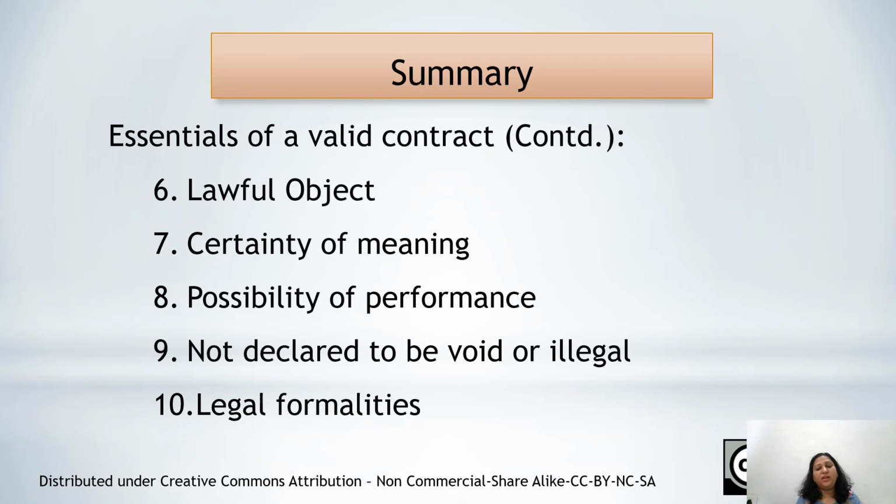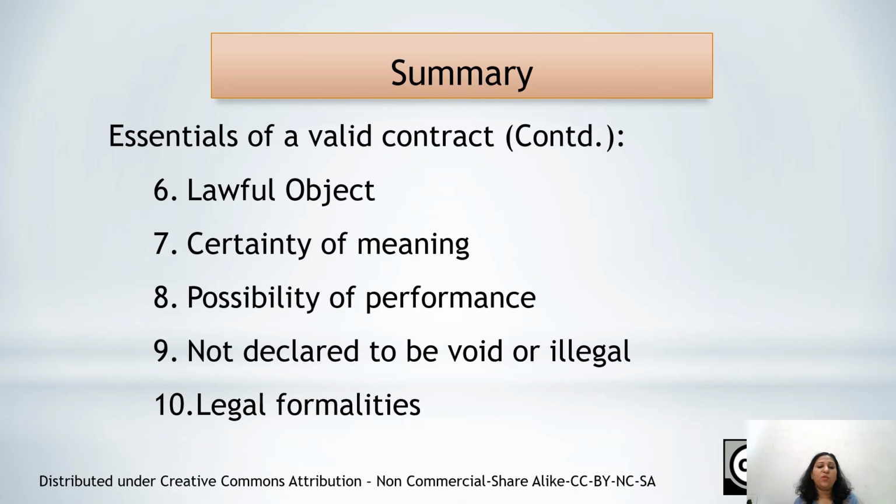Then in the next point we discussed there should be a valid consideration, and we also discussed stranger to consideration, stranger to contract, and no consideration, no contract exceptions. Then we discussed the capacity of the parties, that minors, persons of unsound mind and persons disqualified by law are not capable of entering into a contract.